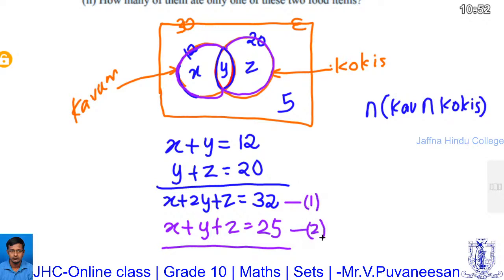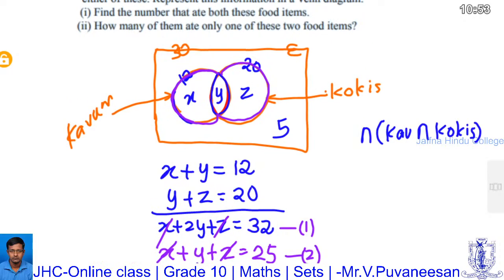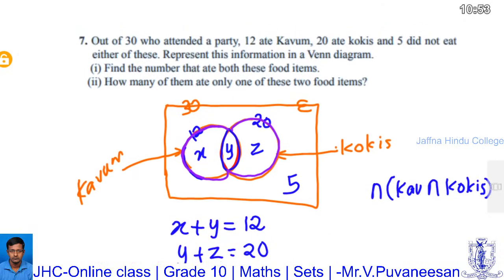Look at these two equations, labeled 1 and 2. When you subtract the second equation from the first, x minus x cancels and z minus z cancels, so 2y minus y equals 32 minus 25, which is 7. So y equals 7.